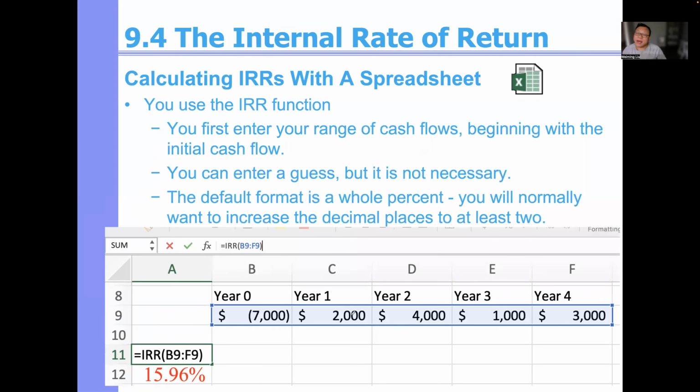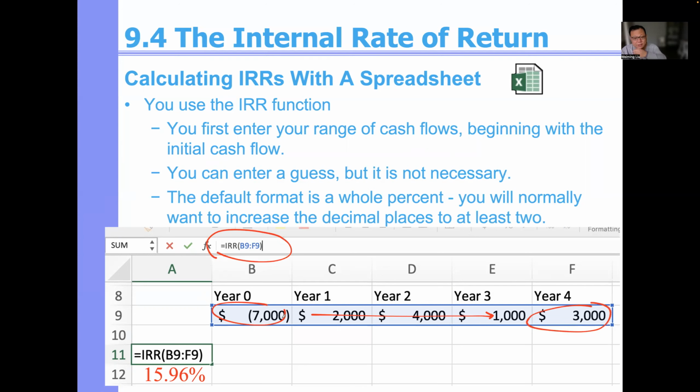You can also calculate IRR with a spreadsheet. In this picture, I have shown you the way you set it up. Here is the formula, IRR, and then you set up the range. The range is from B9 here until F9 here.